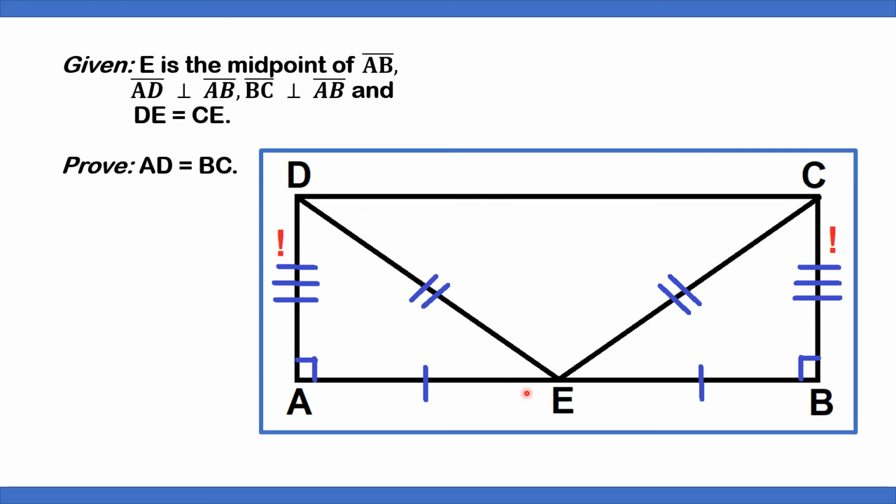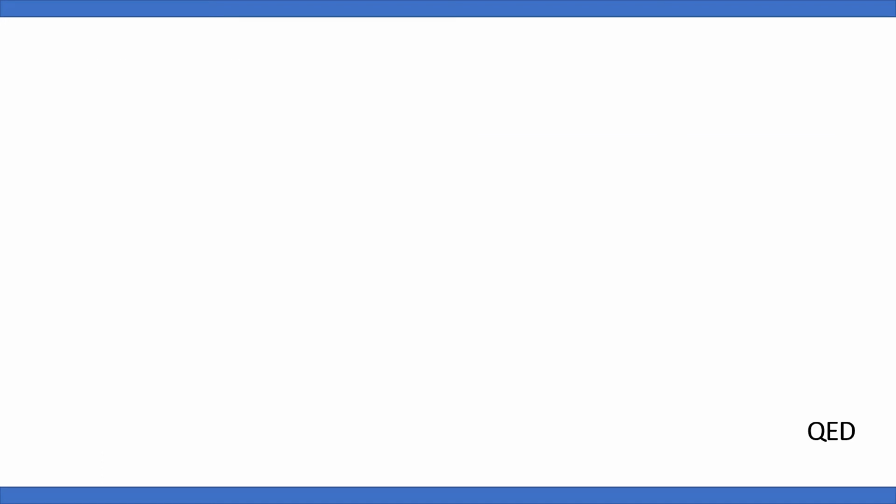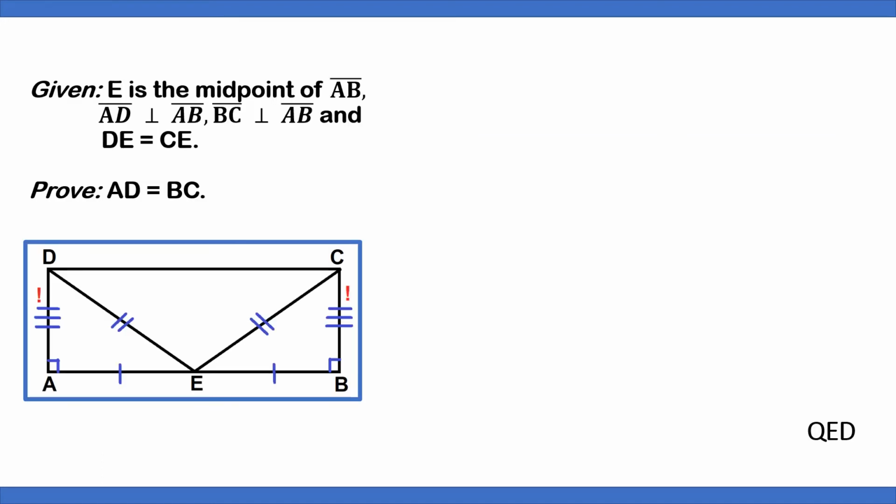And DE is equal to CE. Prove that AD is equal to BC. How can we prove that DA is equal to CB? Of course, first, we need for these two triangles to be congruent. Now, observe that we have three corresponding parts.